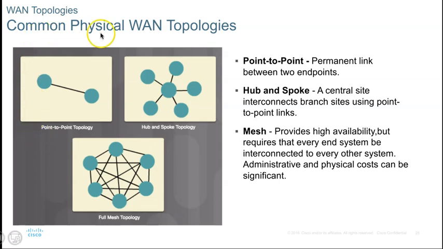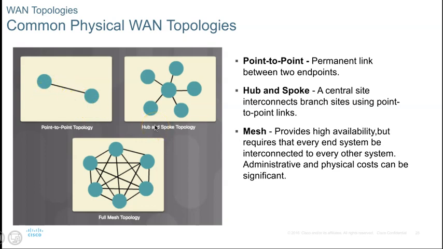When this is a common physical, we do have common topologies for LAN and also common topologies for what they call WAN. WAN stands for wide area network, and I want you to understand the devices here are routers. This physical topology is point-to-point.